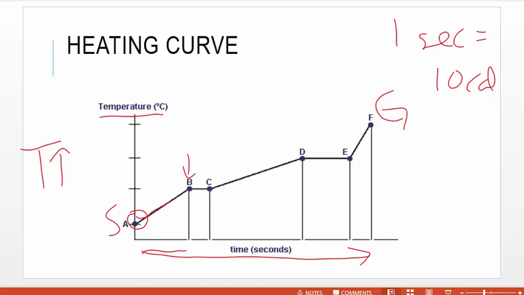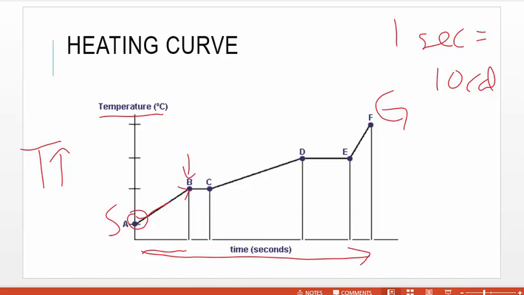And eventually I get to point B, where all those molecules are moving so fast and vibrating so fast next to each other that they now can't even stay next to each other. They are able to escape each other's grip, I guess you would say.